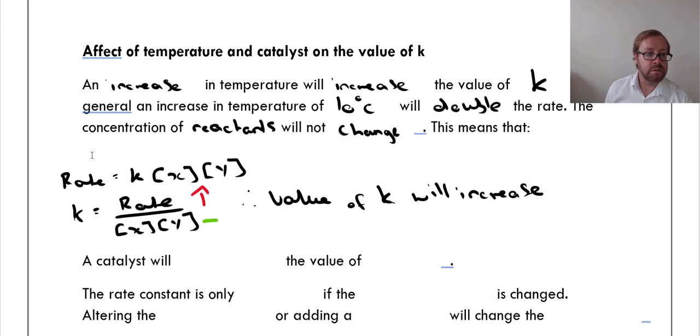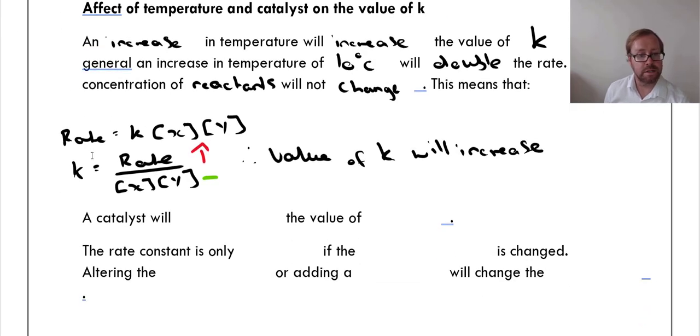And just as a side note as well, a catalyst will increase the value of K also. Won't need to go into very much detail about that. There will be a separate video on temperature and catalyst describing it mathematically, but I think we've had enough at the minute, so I'll do a separate video for that.